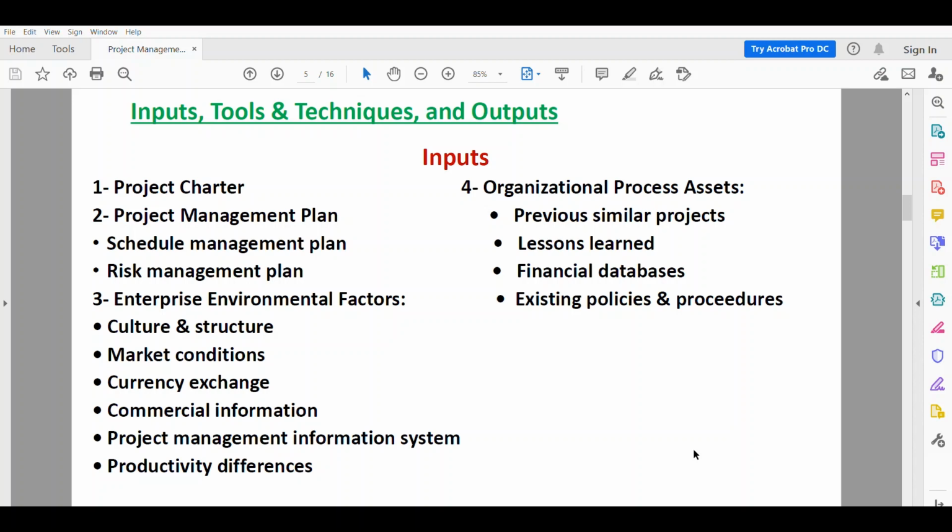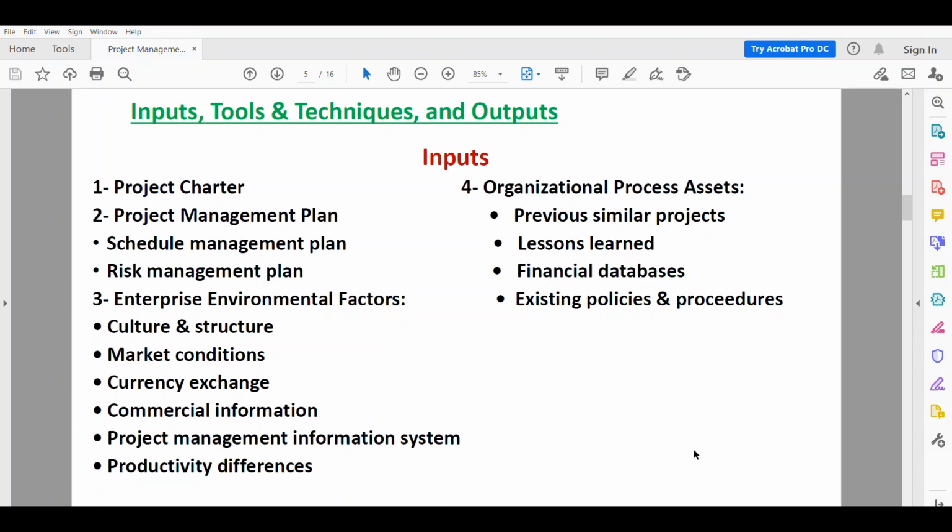And the last one is that productivity differences in different parts of the world can have a large influence on the cost of projects. Because if you do some of your services in different countries and procure equipment, material and service from different countries, the productivity is not the same in all countries.